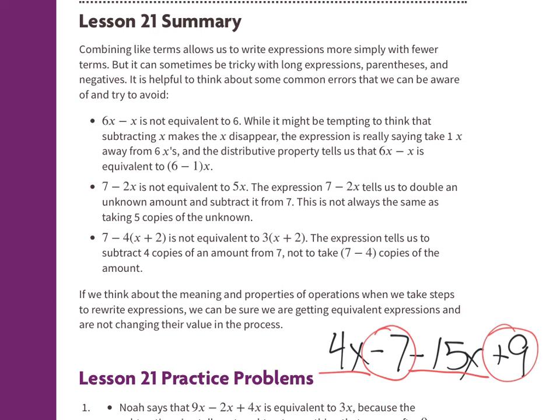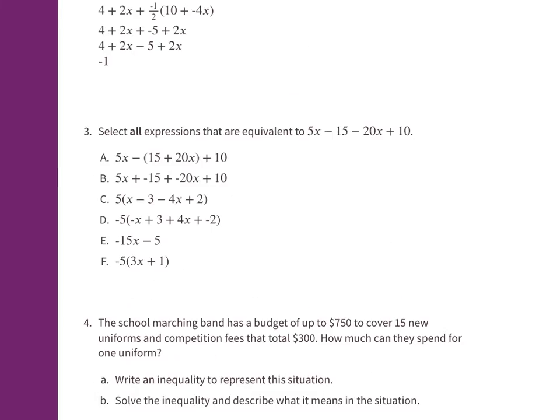And number 2 is number 3. Select all the expressions that are equivalent. Looking here, it's looking like all of them are equivalent. So there you go. All right, let me know if you have any questions.